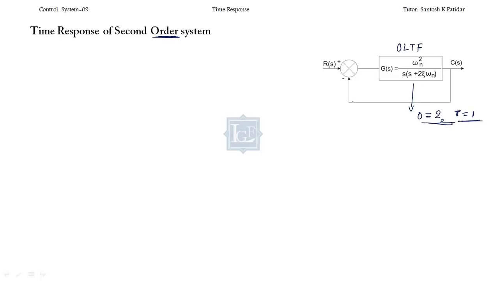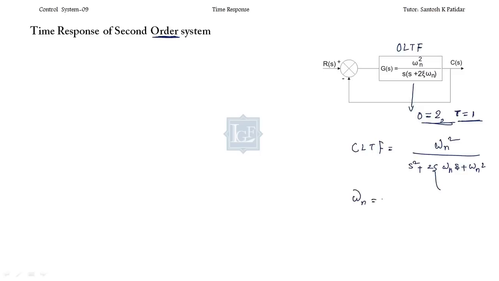Okay, so this is the unity feedback, closed loop. So you can find out closed loop transfer function, and the closed loop transfer function is omega n square divided by s square plus 2 zeta omega n s plus omega n square. This is your closed loop transfer function for the second order system. Now you will ask, what is this omega n?